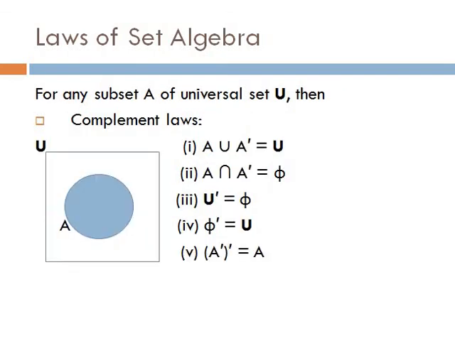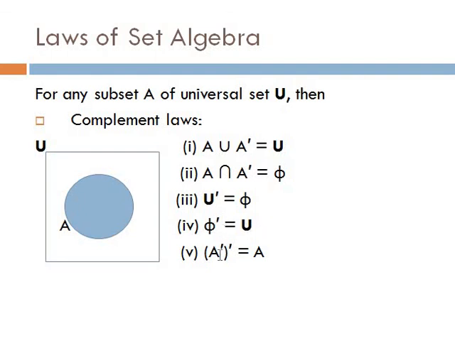Next come the complement laws. A union A complement is always equal to U. The A set and the A complement set, the outside of A. The total of A and A complement is the total universal set, and the intersection of A and A complement is phi, since there is no common element between them. The complement of the universal set is phi, and the complement of phi is always the universal set.